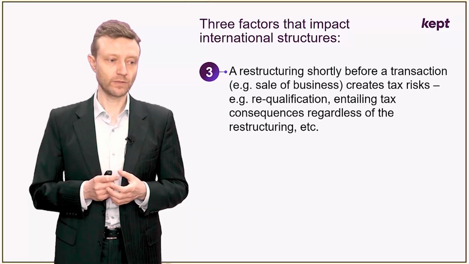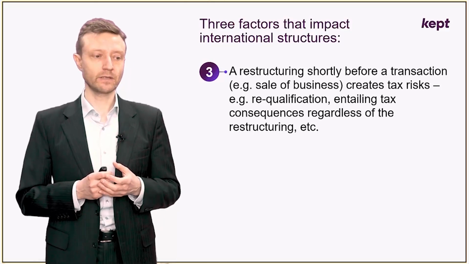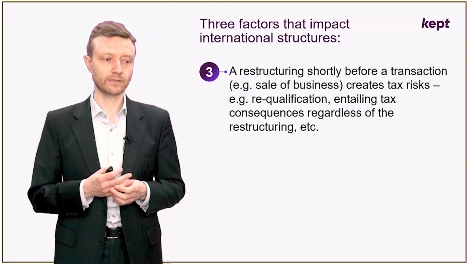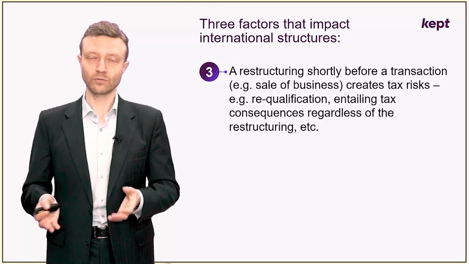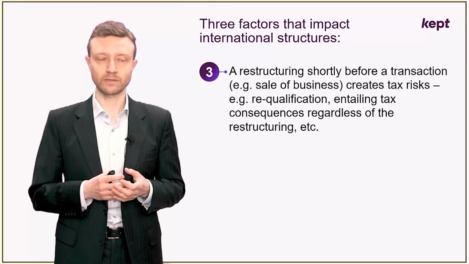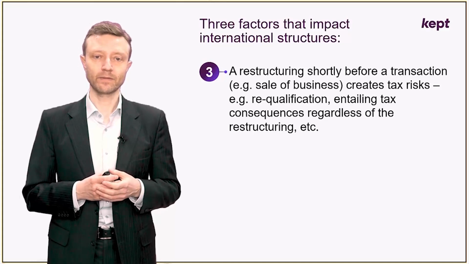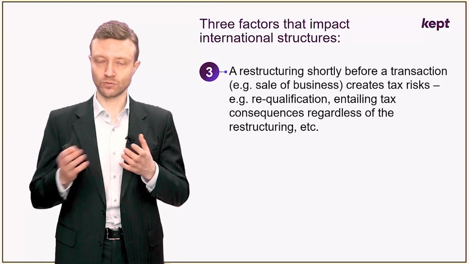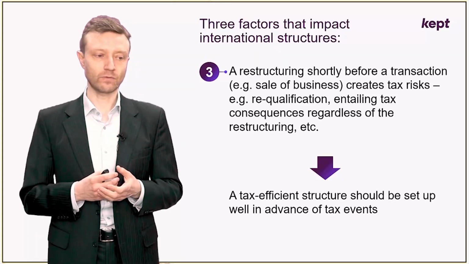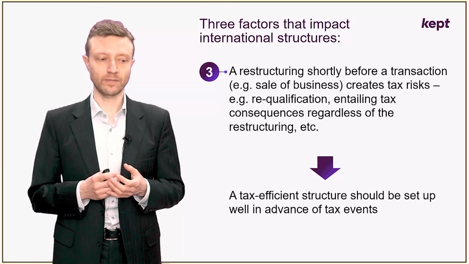The third factor to be taken into account is that restructuring shortly before a specific transaction takes place creates tax risks. For example, such restructurings can be requalified as if no restructuring took place, and tax consequences are recharacterized in an unfavorable way, ignoring the results of the restructuring, which was assumedly aimed at achieving a tax advantage or just not taxing income from exit from a business.